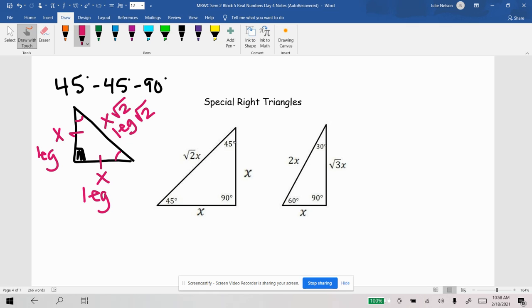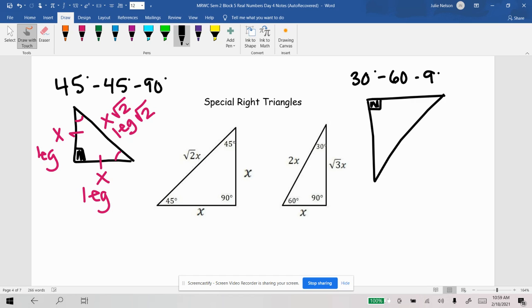If I take a look at a 30, 60, 90 degree right triangle, and again, it doesn't matter which direction it's going. So let me draw a triangle. 30, 60, 90. So across from the 30 degree, which is the smallest angle, would be the smallest side.